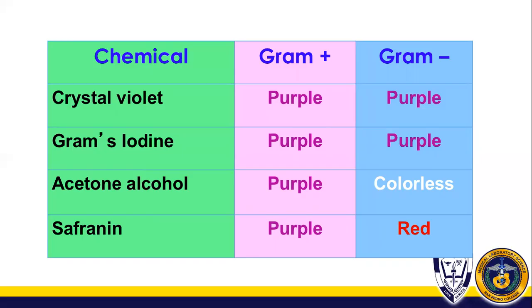So this renders the cell wall of the gram-negative organisms colorless, so that when we apply the counterstain, the colorless gram-negative cell walls will absorb the color of the counterstain, which is red. Therefore, gram-positive are stained purple and gram-negative organisms are stained red.